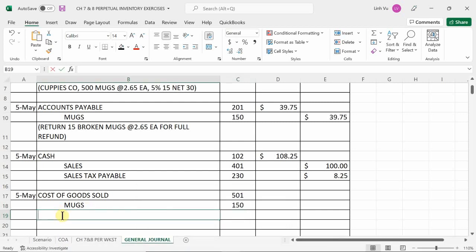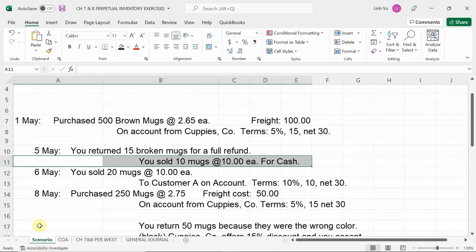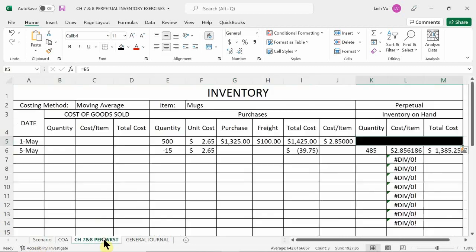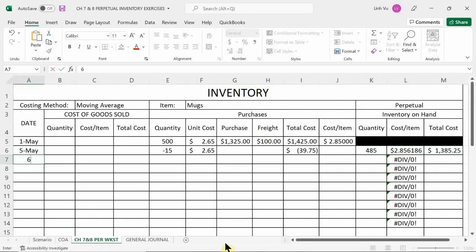And I know for a fact that I sold 10 mugs. But I need to use the inventory worksheet to figure out how much it cost me to sell those 10 mugs. So I need to pop into my inventory worksheet to figure out how much it actually cost me.